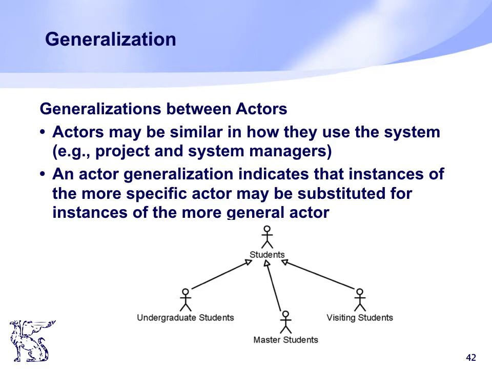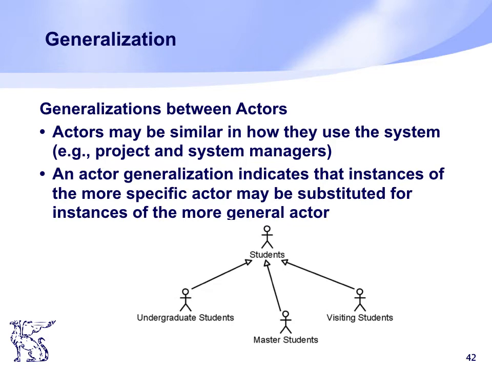So we have added an example here. You can see undergraduate student, master's student, visiting student, all of these actors you can generalize to a more general actor role. So that's student. So you can implement a generalization relation here. But the undergrad student has some interaction with some special use cases.